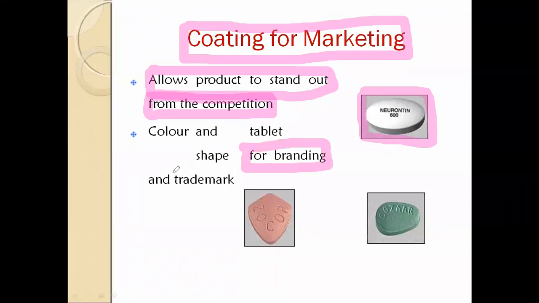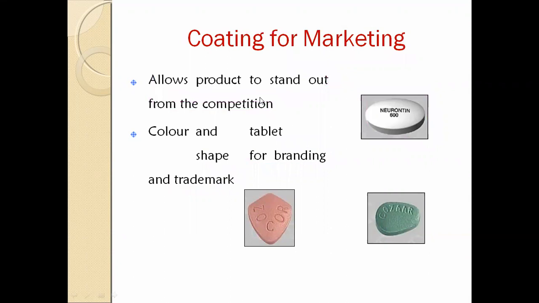And you can also have your trademarks embossed on the tablets with the help of coating. So you can see over here we have a Zocor. Here you have a different shape of tablet. Here also the shape is different. This is what we can achieve with the help of coating with special reference to marketing.